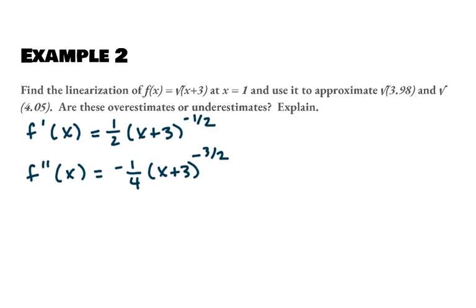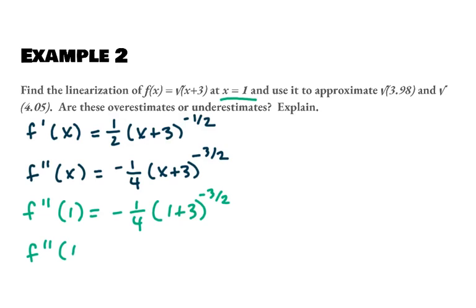So if I'm plugging in x equals 1 into this equation, that's what I'm going to use to determine if I get a positive or negative derivative. But I can already see, because of our negative coefficient, that we will end up with a negative value. But let's kind of go through the motions for our first example. So we would just plug in the x value we're looking at, 1 plus 3 to the negative 3/2, which is pretty ugly to do in this form. So I'm actually going to turn it back into a fraction.